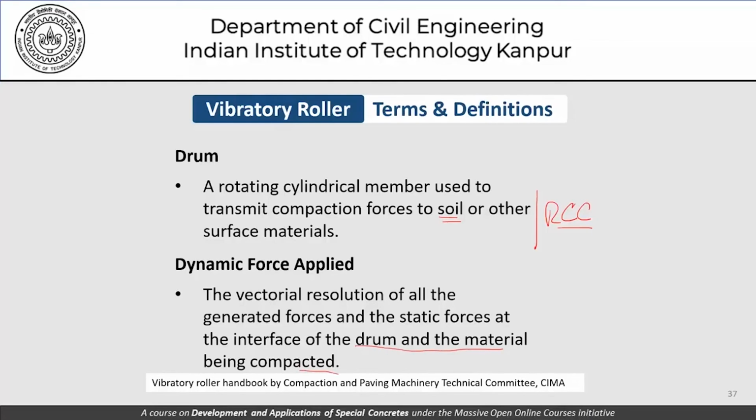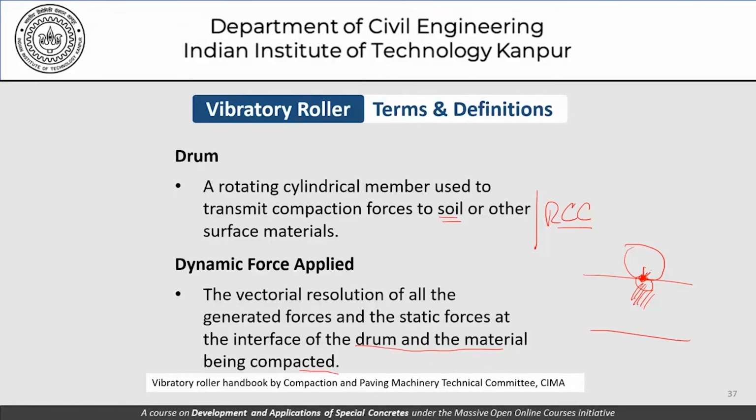So basically, if we have a material here, it is under compaction through some kind of a force which is acting at the point of contact. Now, whether this force is acting vertically downwards or not, as far as the dynamic force applied is concerned, this is the vectorial resolution of all generated forces and the static forces at the interface of the drum and the material being compacted.